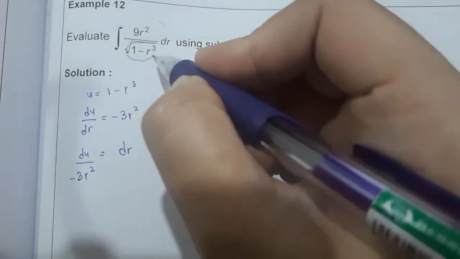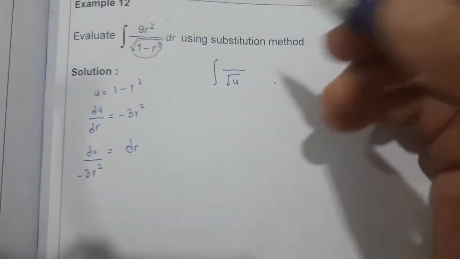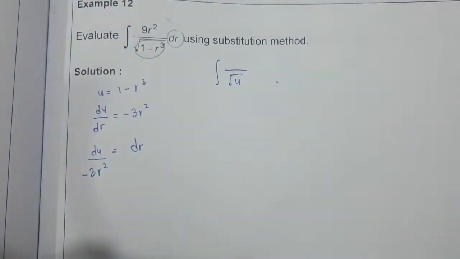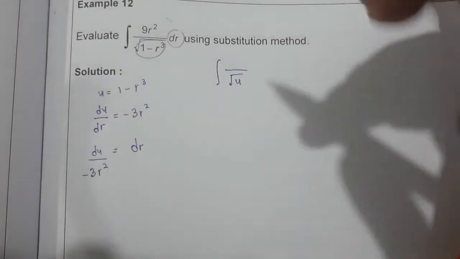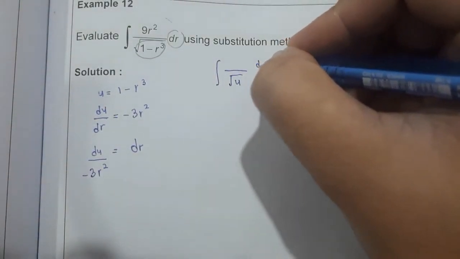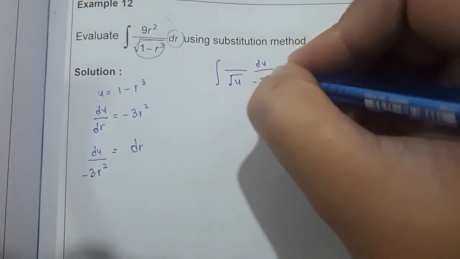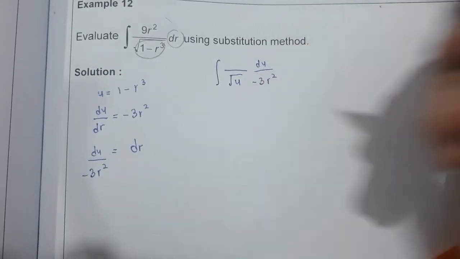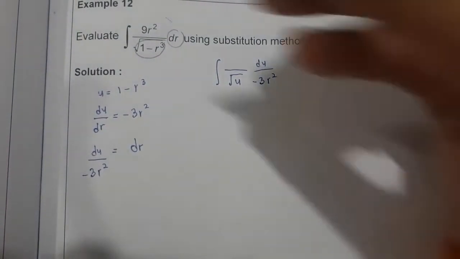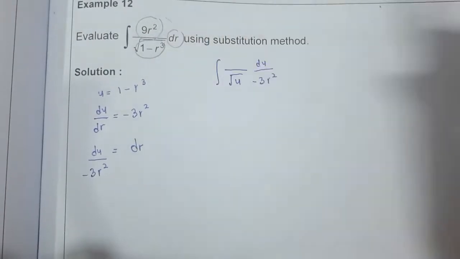So we have replaced 1 minus r cubed. Now we want to replace dr. Replace dr by du over negative 3r squared. And then let's put 9r squared.